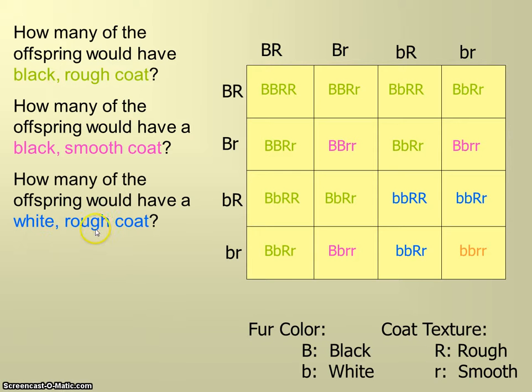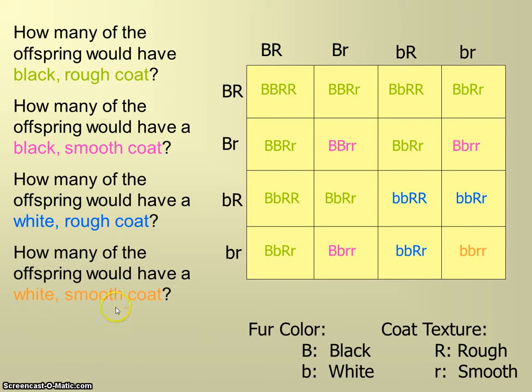So recessive dominant. That would be 1, 2, 3. And then the last, how many would be recessive recessive, the white fur and the smooth coat? And there's just 1. So now our phenotype ratio is going to be 9, 3, 3, 1.